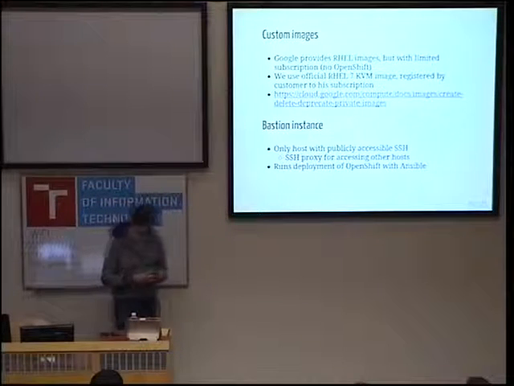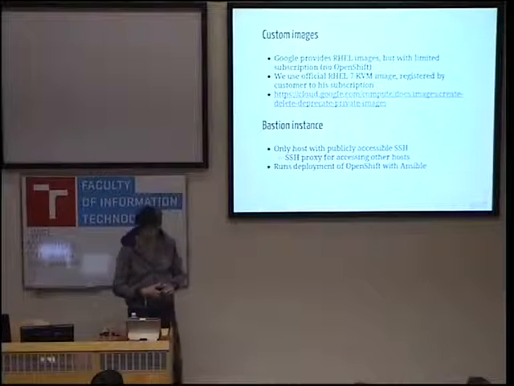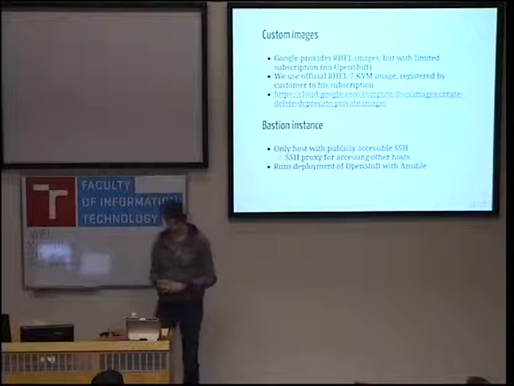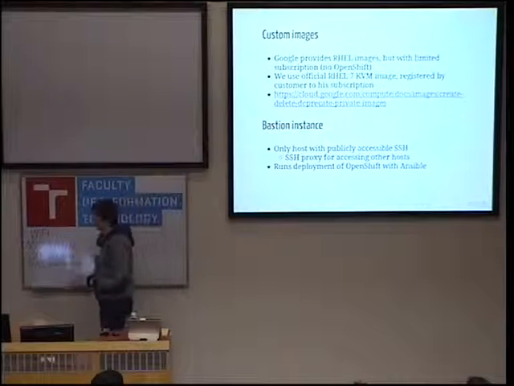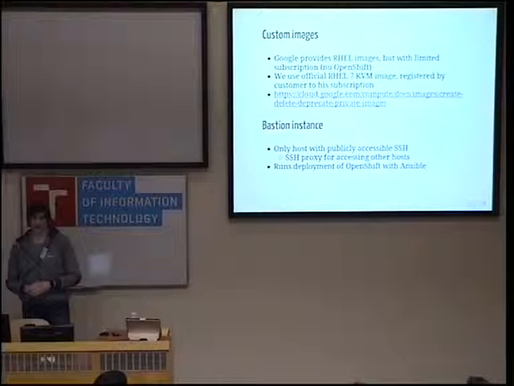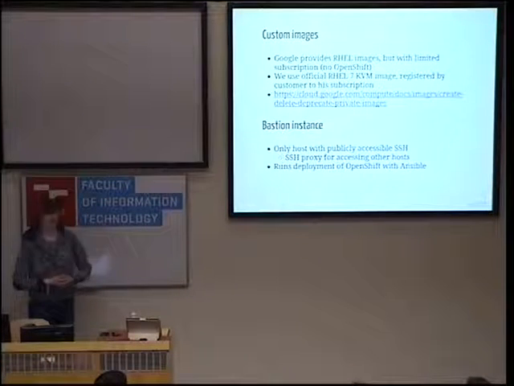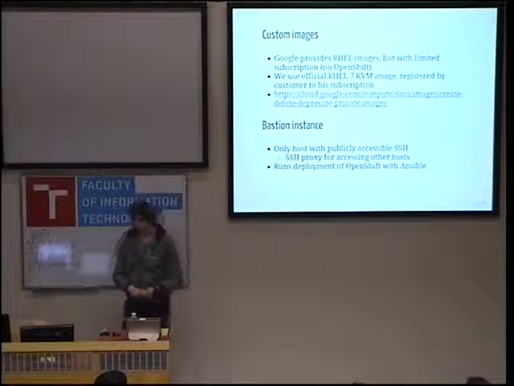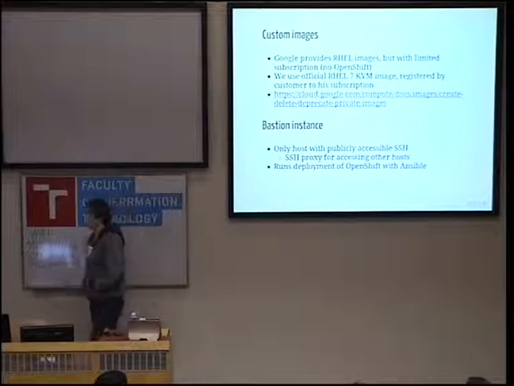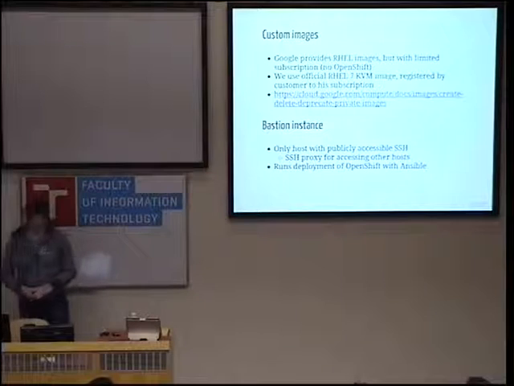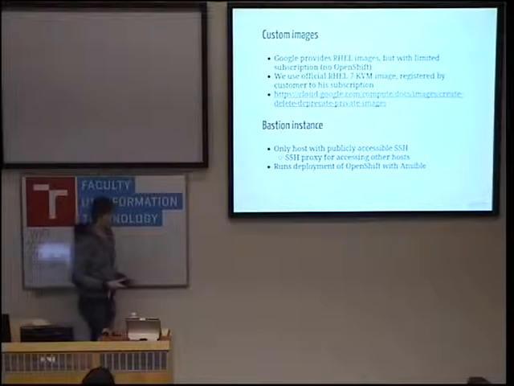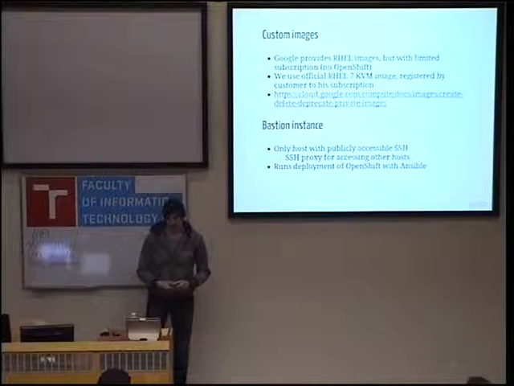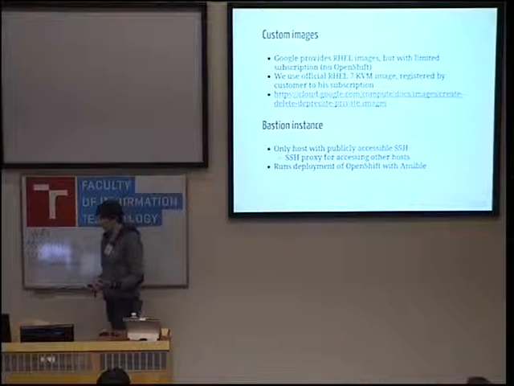Now, before talking about other instances used by OpenShift, we are using one more instance called Bastion, which is the only instance with public SSH access. We are using it as an SSH proxy to access all other instances, and we are also deploying OpenShift from there. So this instance has two use cases.